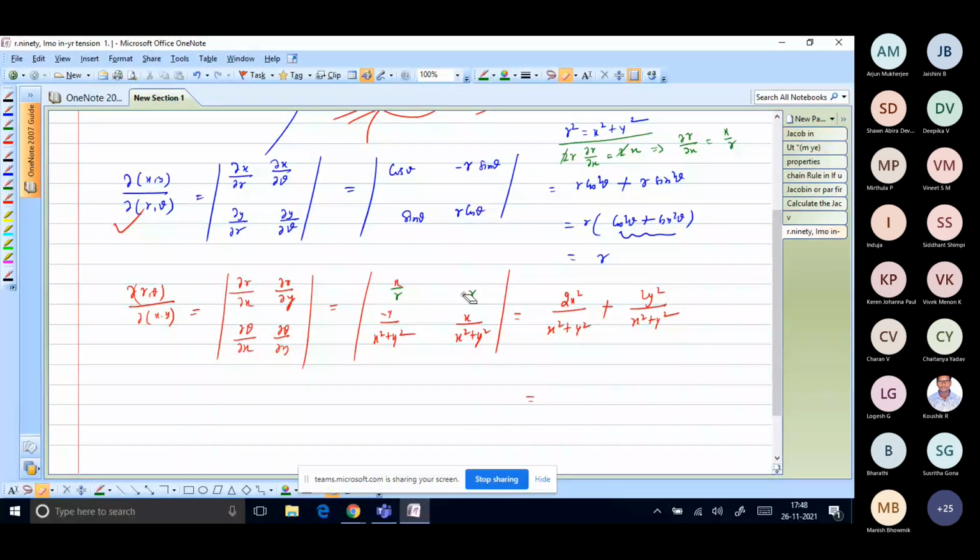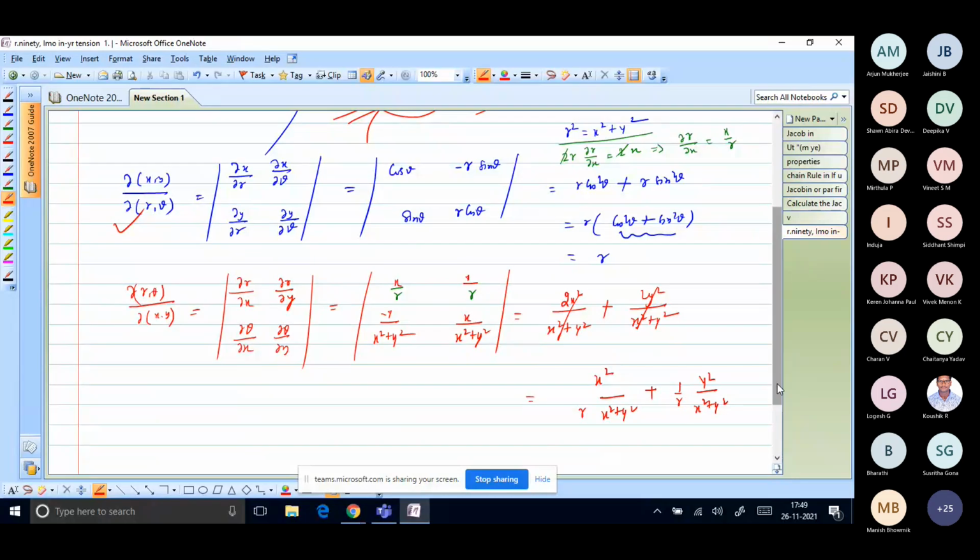So x by r, y by r. Now this will not come. So see, it's coming x square upon x square plus y square by r, plus minus minus plus y square upon x square plus y square and 1 by r.